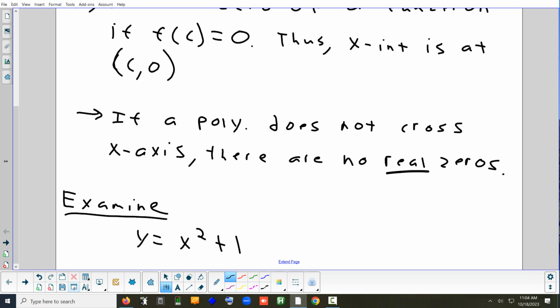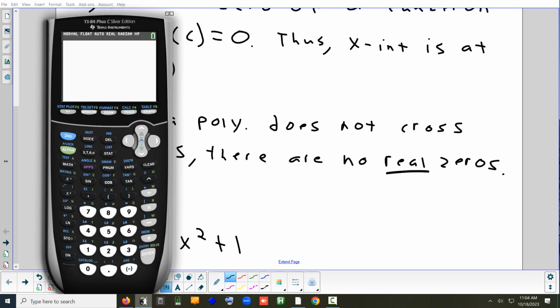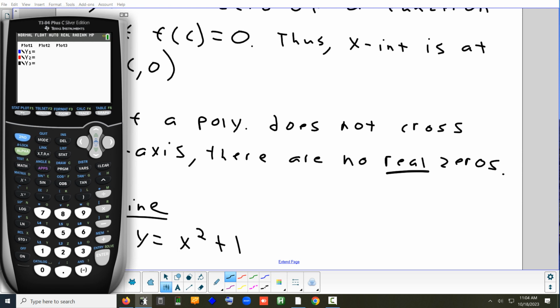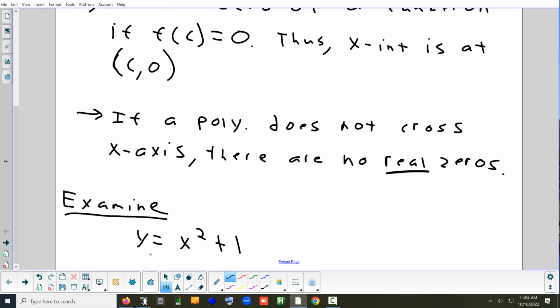So let's look at graphing y equals x squared plus 1. I'm going to type that in. x squared plus 1. And that's a parabola. Does anyone remember when you put a plus 1 on the end, which way does that shift it? Left one would be if it was inside parentheses.